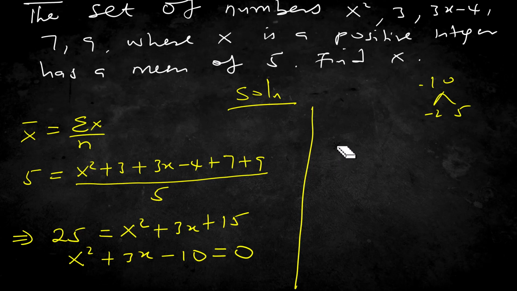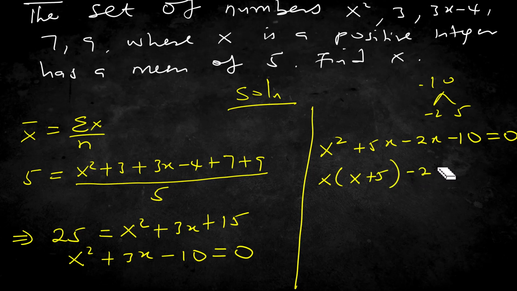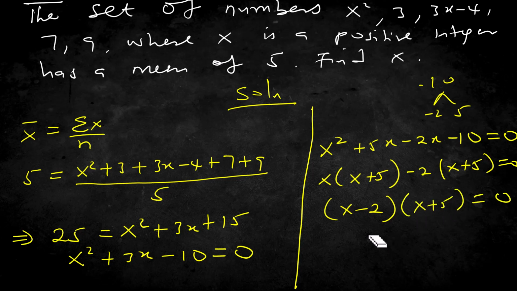So we have x squared plus 5x minus 2x minus 10 equals 0. Factor out x from the first two terms, and minus 2 from the last: x plus 5, x minus 2, equals 0. Equating x minus 2 to 0, x is 2. Equating x plus 5 to 0, x gives minus 5.